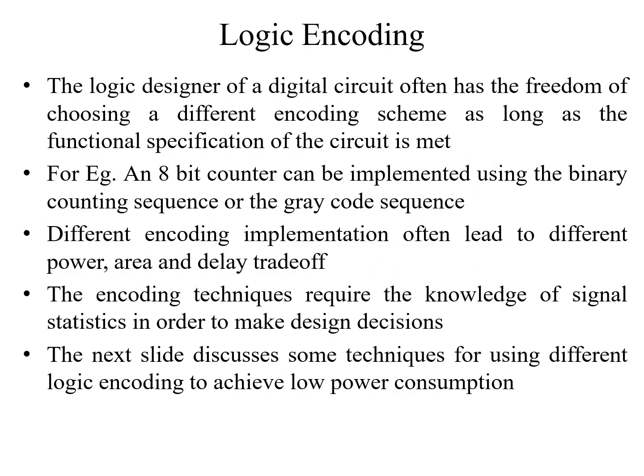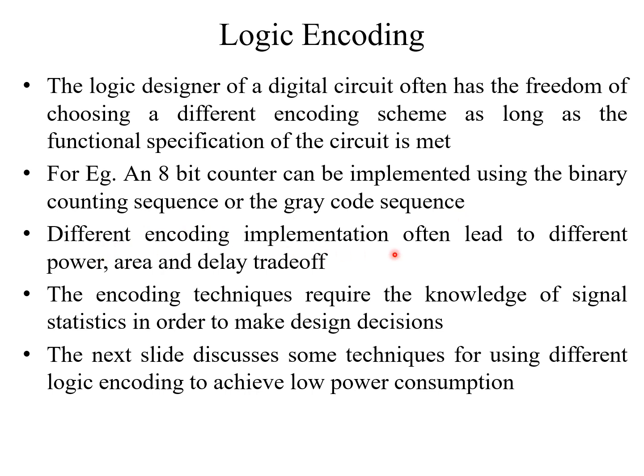Logic encoding. What is meant by logic encoding? The logic designer of a digital circuit often has the freedom of choosing a different encoding scheme as long as the functional specification of the circuit is met. For example, an 8-bit counter can be implemented using the binary counting sequence or the gray code sequence.